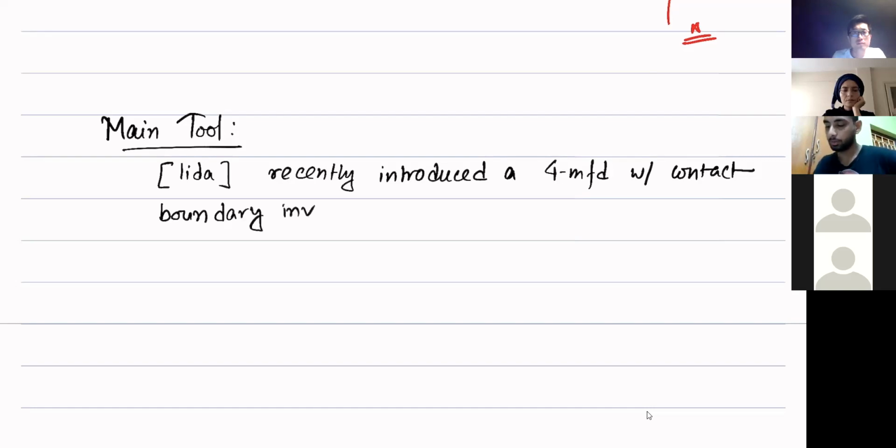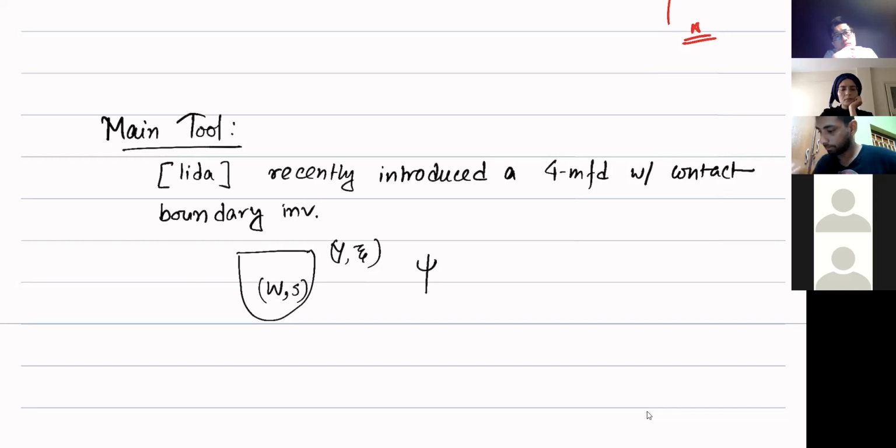What does that say? Let's say we have a four-manifold W with boundary Y, and I can fix a contact structure xi and a spin structure S such that they are compatible, in the sense that the spin structure induced by S on the boundary is the same as the spin structure induced by xi on Y. In that situation, he introduced a map, denoted Psi(W, omega, xi, S), which maps from a sphere of appropriate dimension to another sphere of appropriate dimension.